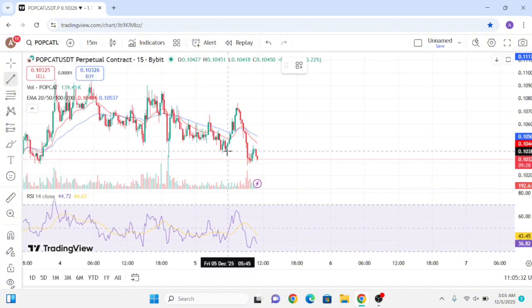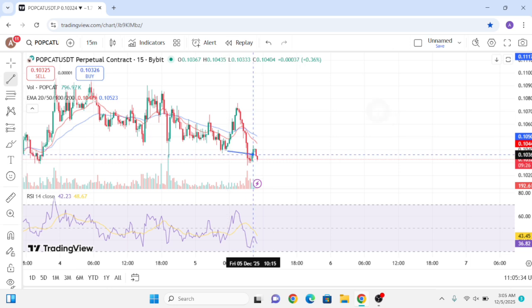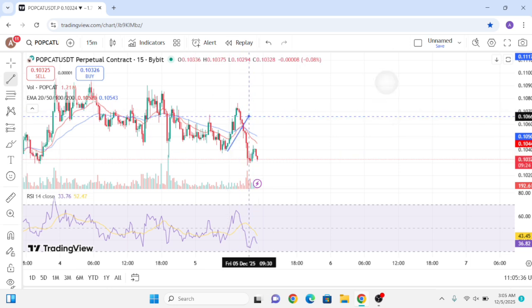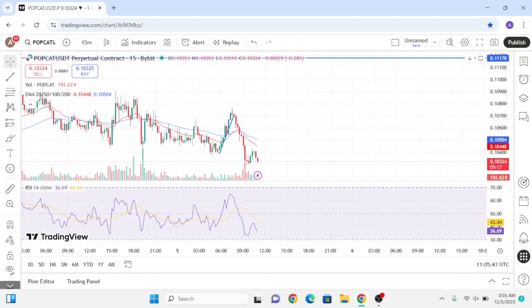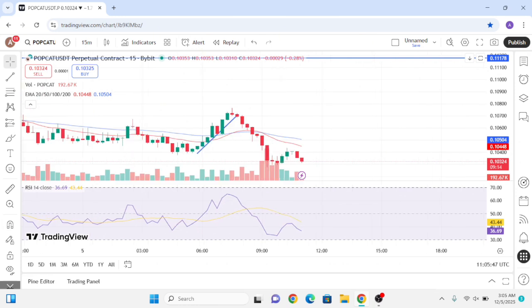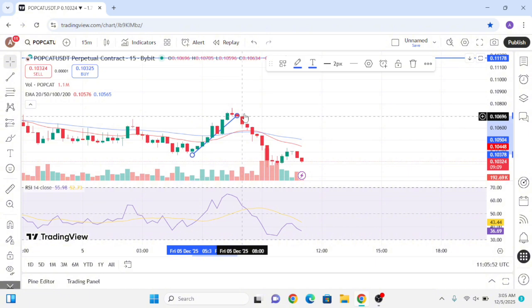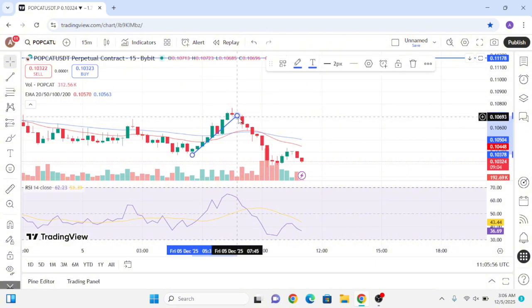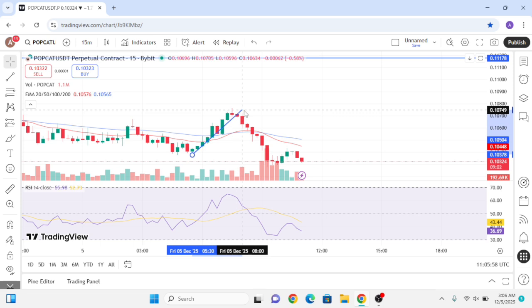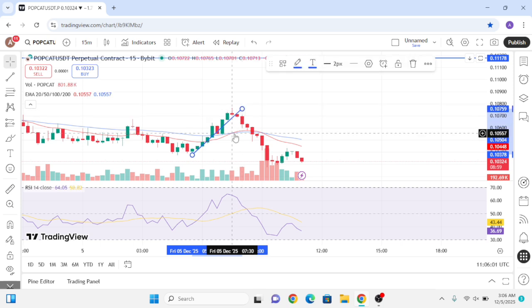For the uptrend, you will start from the lower lows back to the higher lows. Now this is the high, this is the low.